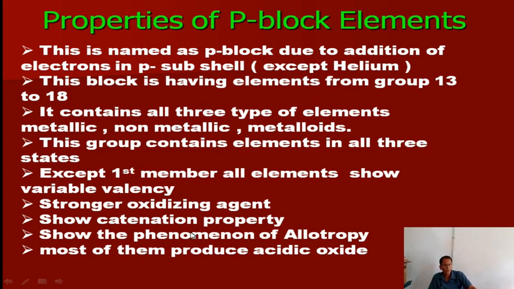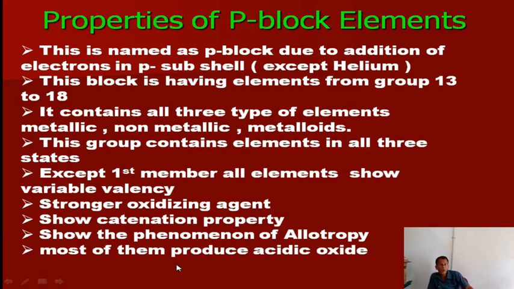So all P block elements have very strong oxidizing character. And then the catenation property. Catenation means they produce long chain compounds, with atoms joined to one another in a long chain form.